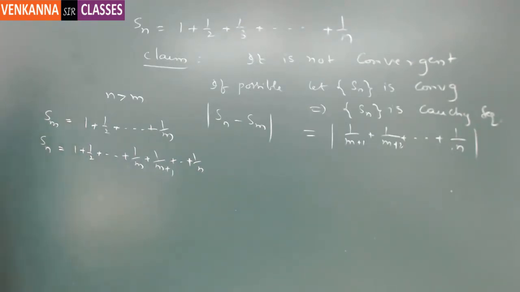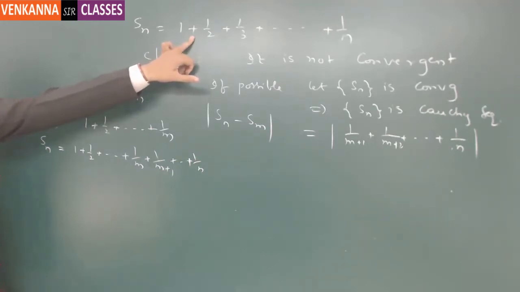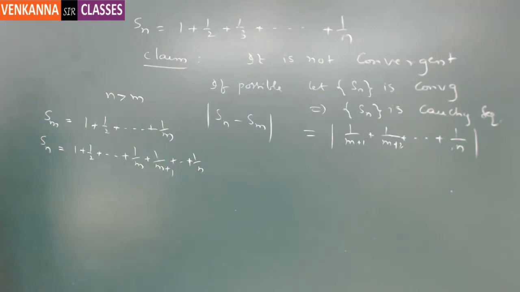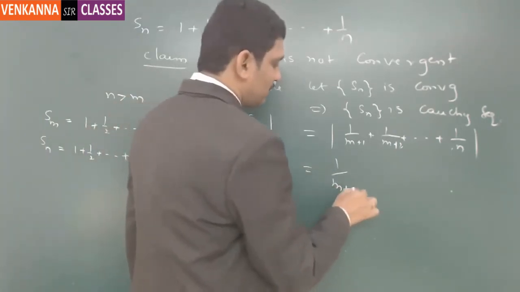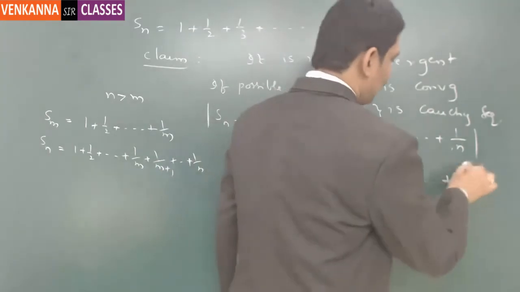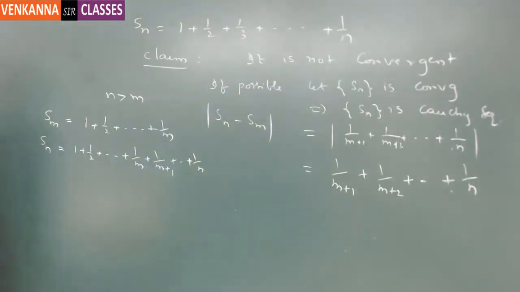Since you have observed that the values in the sequence are positive, the value inside the modulus is positive. Will you agree? So that same value will be taken as it is by removing the modulus. So it is 1 by m plus 1 plus 1 by m plus 2 plus so on plus 1 by n.